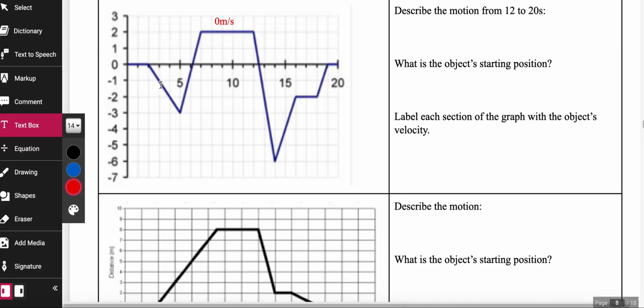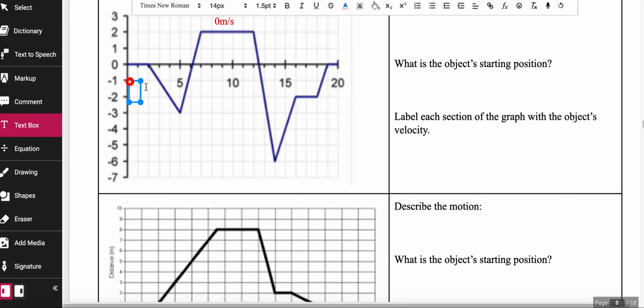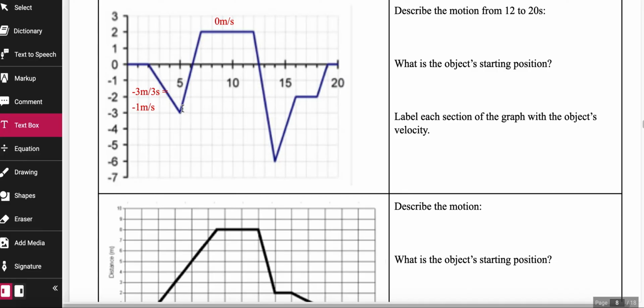So I go down 1, 2, 3, -3, and then I go also over 3. So -3 meters divided by 3 seconds, and we end up getting -1 meters per second.